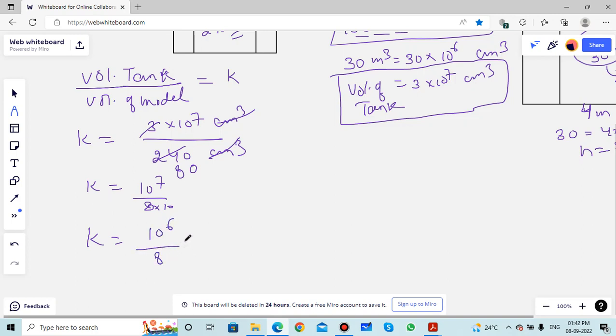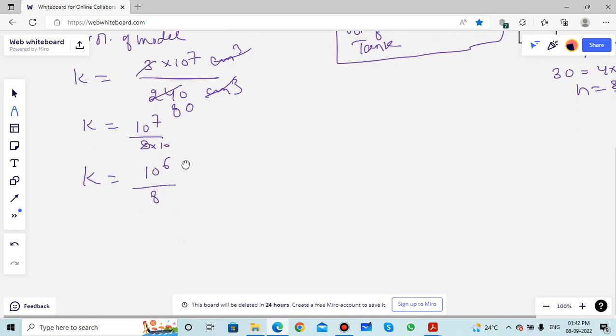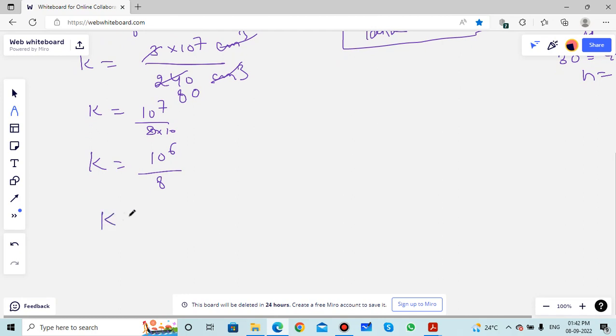You can remember it, it's okay, there's no need to cancel it, remember this. Or we can say K factor is 1 and 6 zeros upon 8. If you want to make it simpler, you can cancel it.